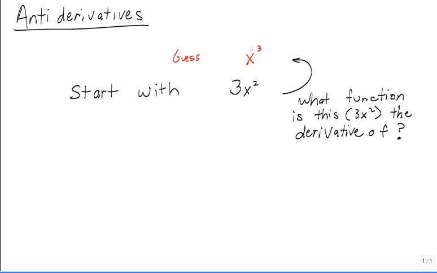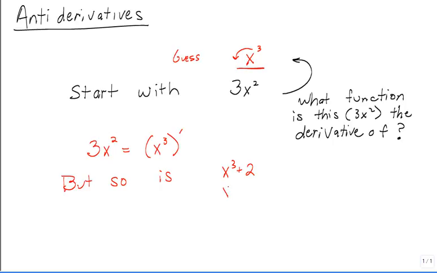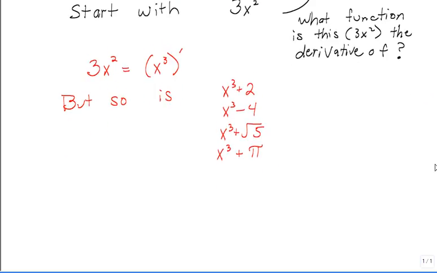Well, if you take the derivative, you bring the 3 down and subtract 1, and you get x squared, so that works. 3x squared is x cubed prime, but so is x cubed plus 2, x cubed minus 4, x cubed plus square root of pi, or square root of 5 plus pi, because the derivative of a constant is 0.